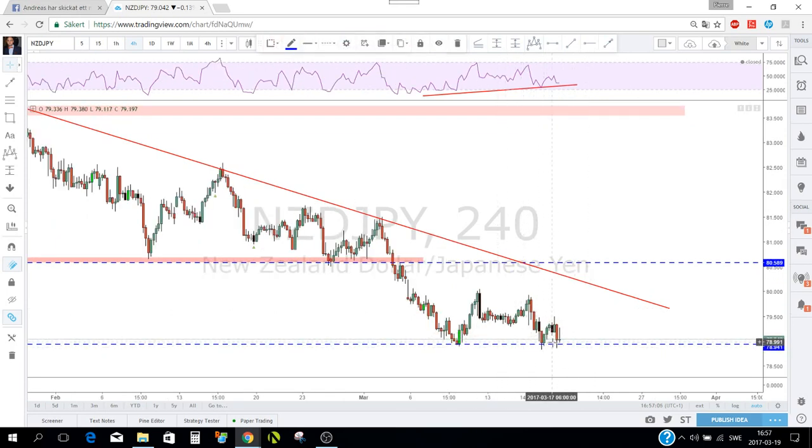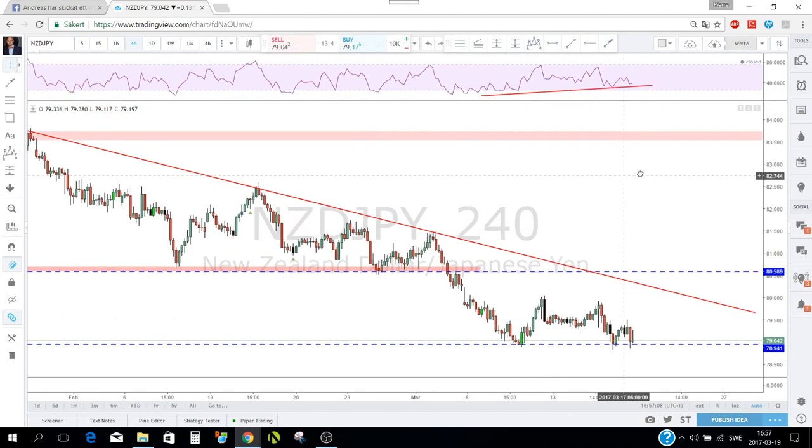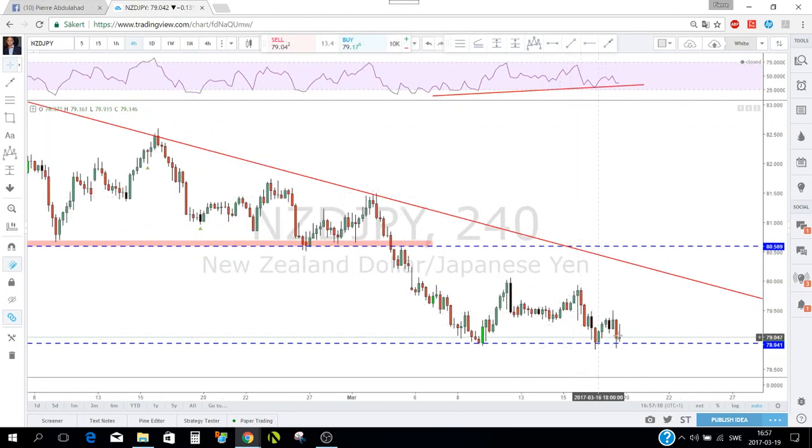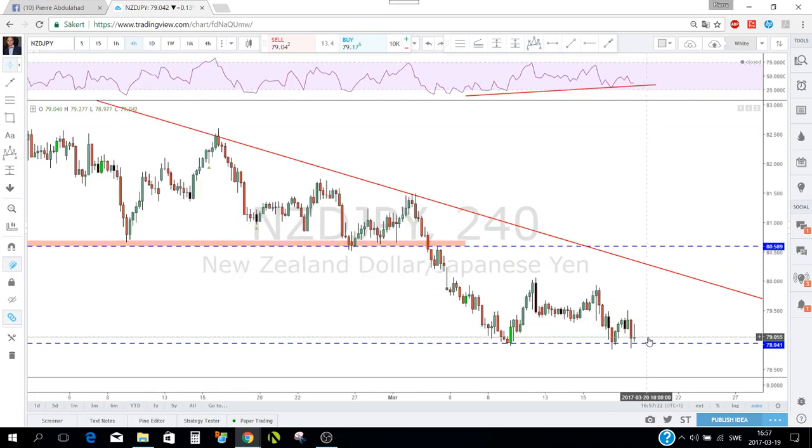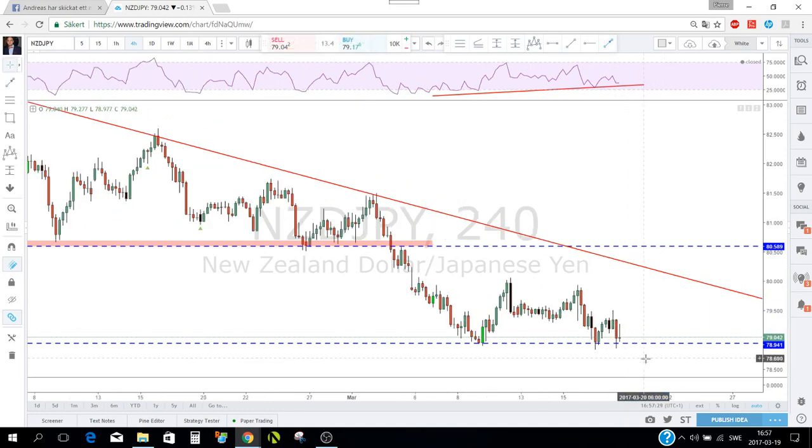area down here where price is right now. Actually, you maybe want to see how it acts already, not today when price opened, but maybe Monday or Tuesday London open, to see if you can go long from this level down here, because your risk should be very, very low.